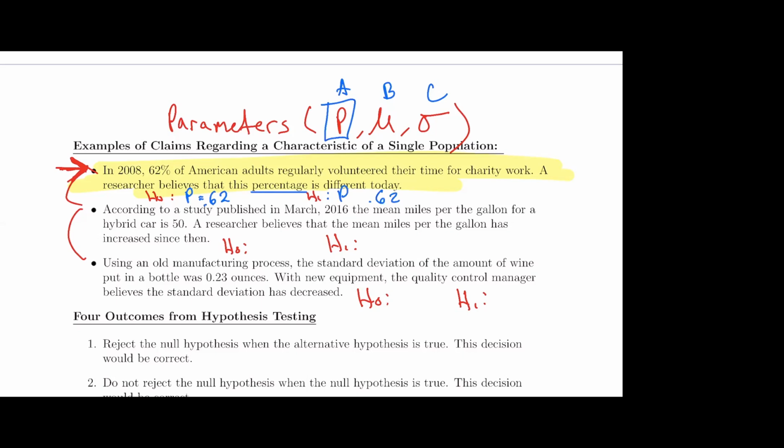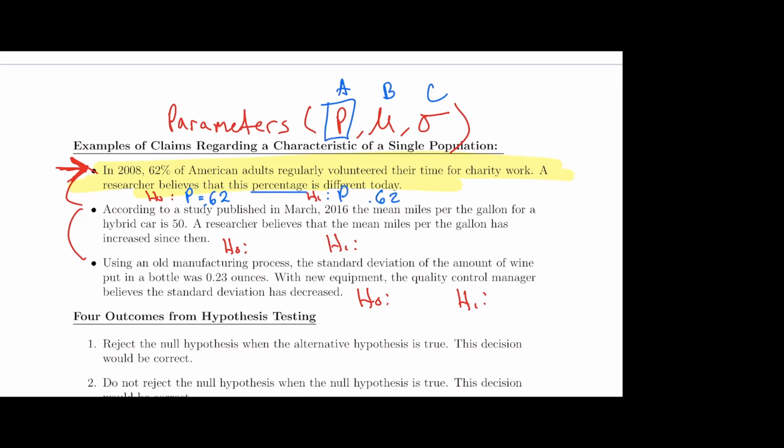We put P is equal to 0.62 because that's the last known percentage that we have. So we're going to assume that's correct. So that's our claim. So our null hypothesis will be that the percentage of American adults who regularly volunteer is still 62%. But what are they trying to prove?